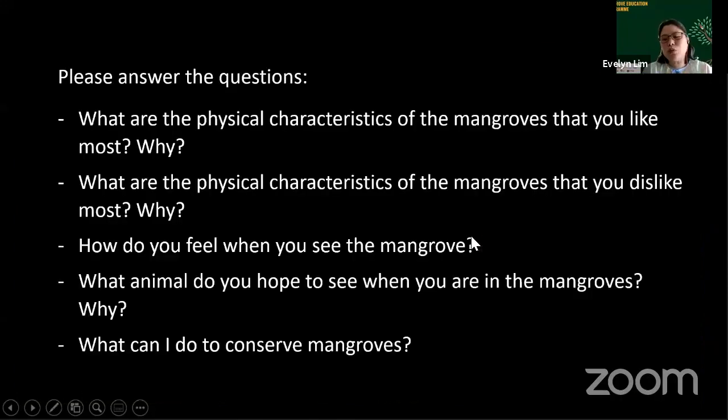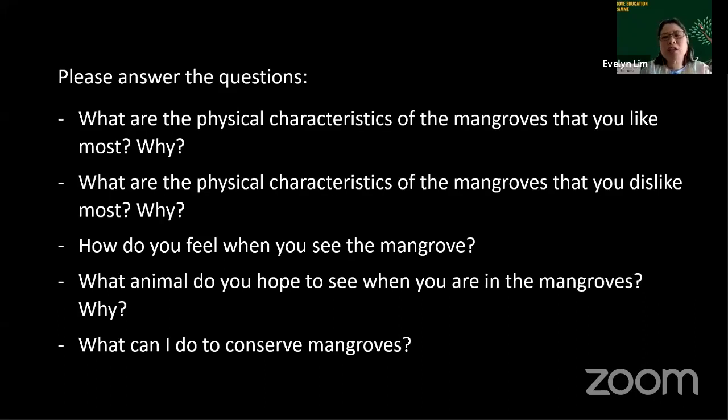Having looked at all these pictures of mangroves, I would like you to answer these questions. What are the physical characteristics, for example the roots, the tree trunk, the branch, the bark, the leaf, the fruit or the seed, whichever makes you attracted to it for one reason or another? Any physical characteristics of any mangrove tree that makes you like it?